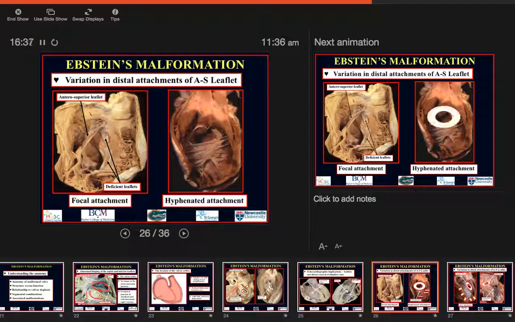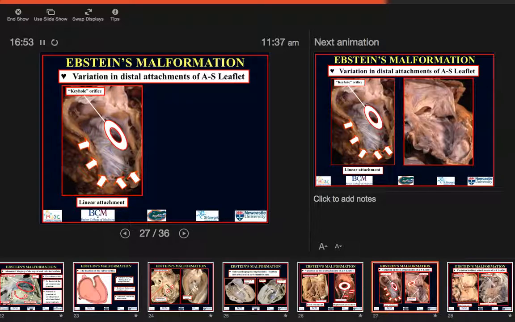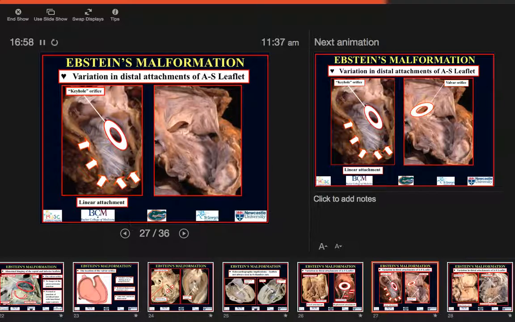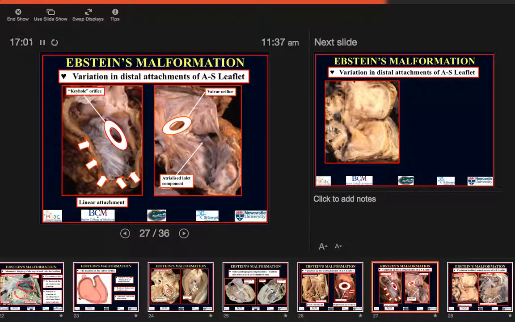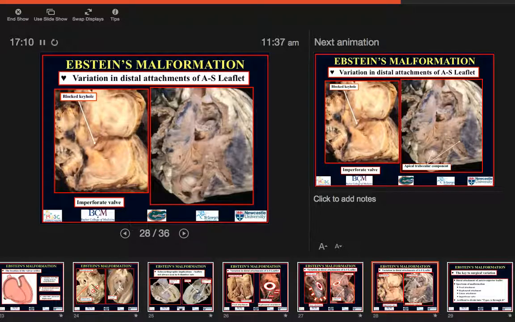In most instances, you get this connecting tongue that pushes the orifice towards the outflow, and here with hyphenated attachment, but oftentimes with linear attachment, so that the only way through is through the keyhole orifice. And on other rare occasions, that keyhole orifice can itself become blocked. And if it becomes blocked, we have an imperforate Ebstein's malformation, giving us tricuspid atresia.